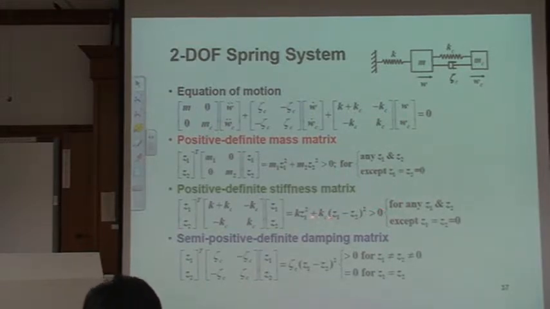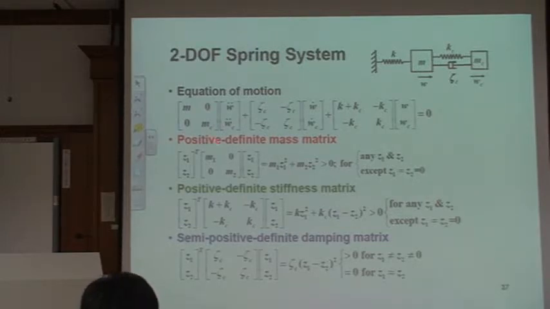So you can see it's always positive, no matter what value of z you are using, except when z equals 0. We don't consider that case. So as long as z is not 0, everything here is positive. So the stiffness matrix is also positive definite.